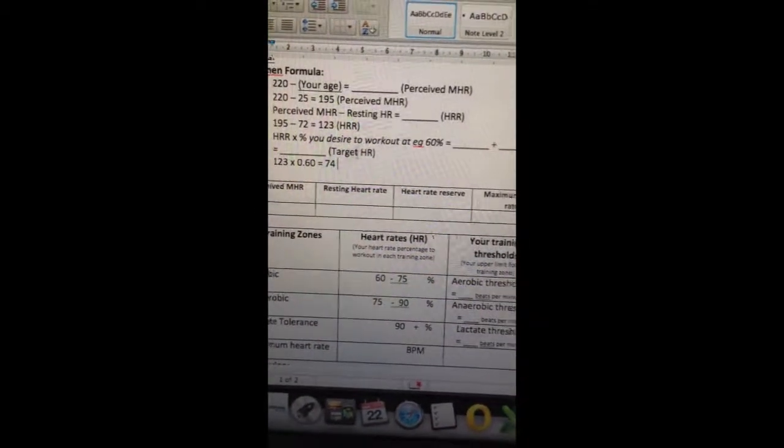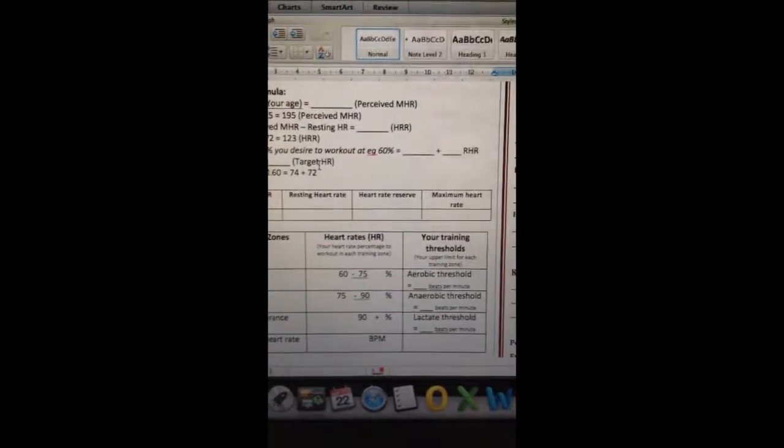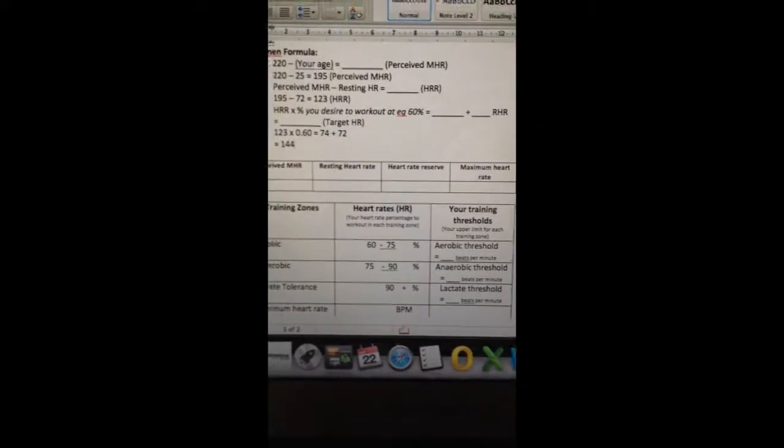We remember that my resting heart rate is 72, because it's right there. So I need to add 74 plus my resting heart rate, which is 72. Now if I add 74 plus 72, I will get my resting heart rate. Okay, sorry, you won't get your resting heart rate, you'll get your target heart rate.